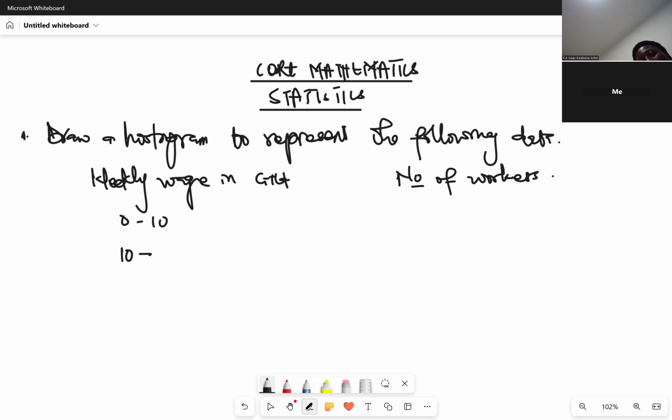I wouldn't like to use this question or even the other one to be similar, so let me change it slightly. I'm just changing the data. The reason is that when you do the class boundary, you still end up getting 0 to 10, 10 to 20, and it will not bring out the kind of explanation I want to put across.